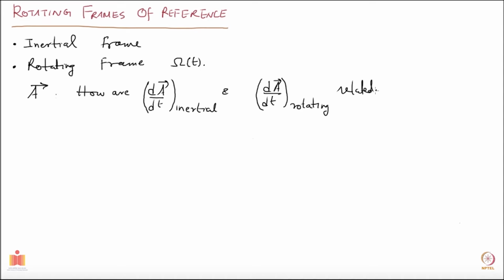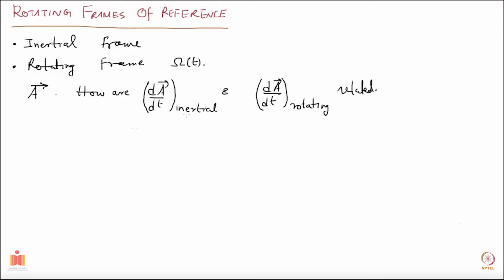So you can think of some vector which, as viewed from the inertial frame, is moving together with the rotating frame. If it helps to visualize, you can imagine a rigid body where body coordinates have been fixed in it. The body is rotating, and you are looking at some point in the rigid body, and any point P in the body is not changing with time if you are looking from the body coordinates. That's the kind of thing I'm imagining.